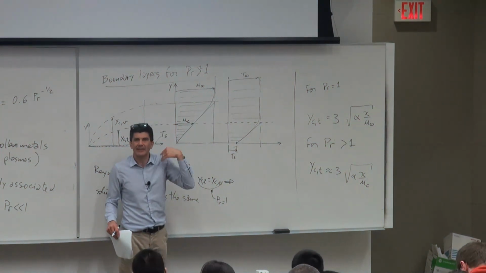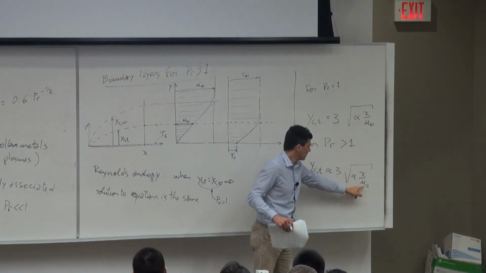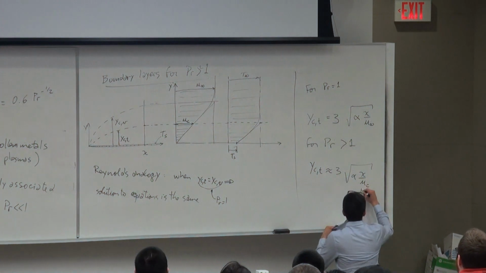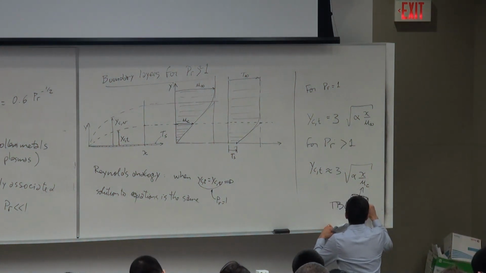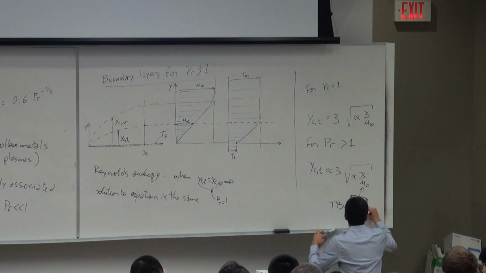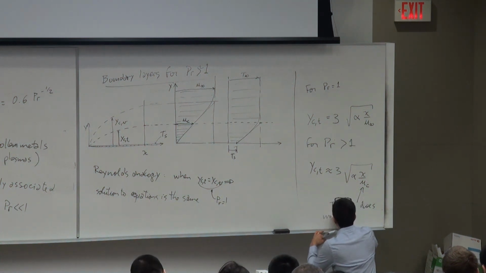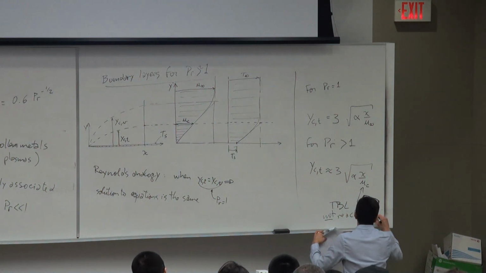And the velocity is not fully developed then, right? That's why I put, you see, the thermal boundary layer does not reach U infinity.